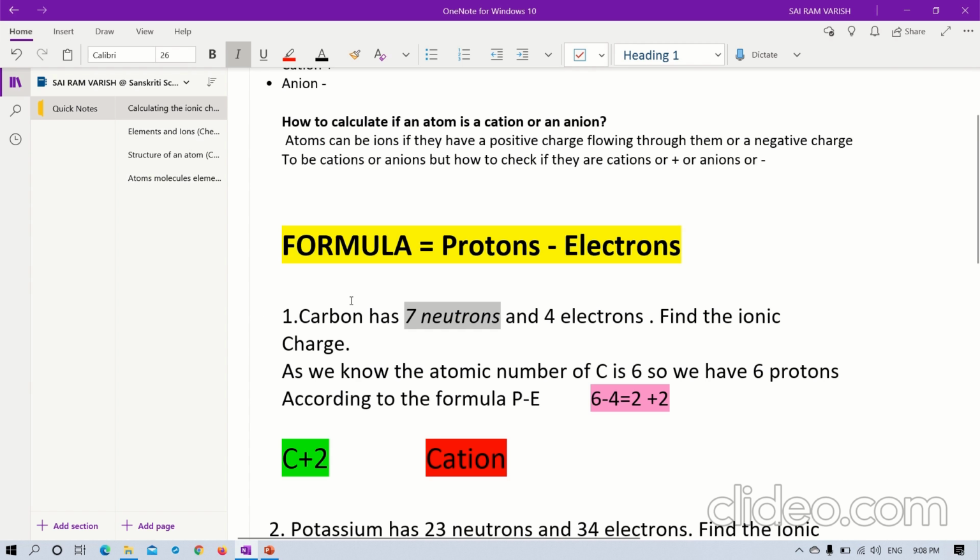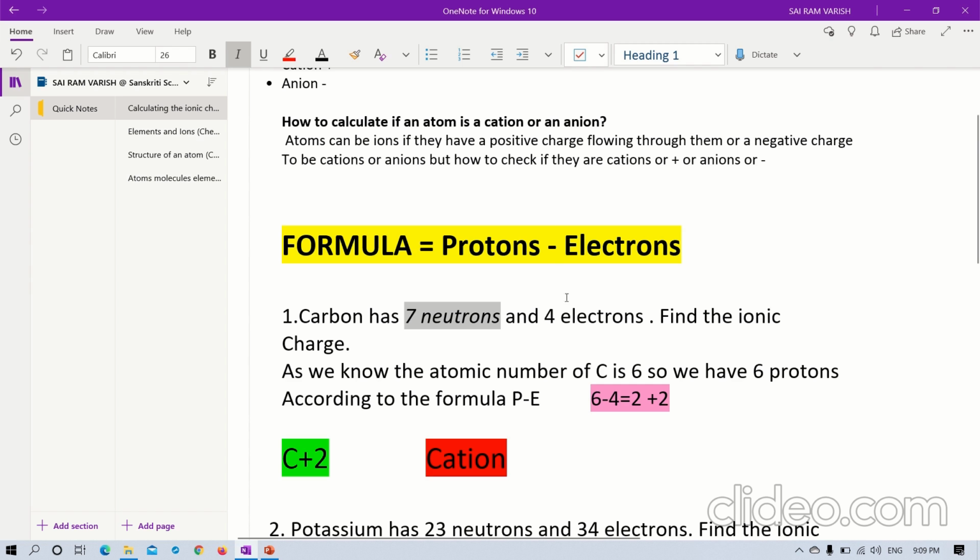The atomic number is equal to the number of protons in an atom. Above C there is the number 6, which defines how many protons are in an atom, and it's called the atomic number. So the atomic number of C is 6, so we have 6 protons.